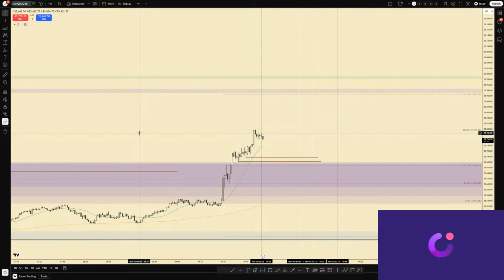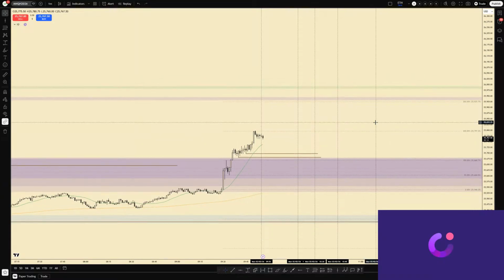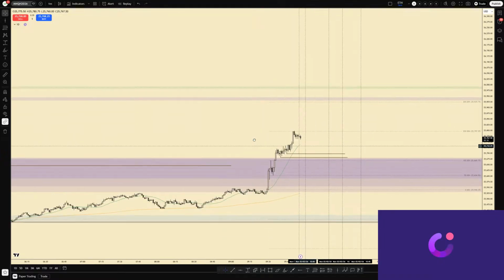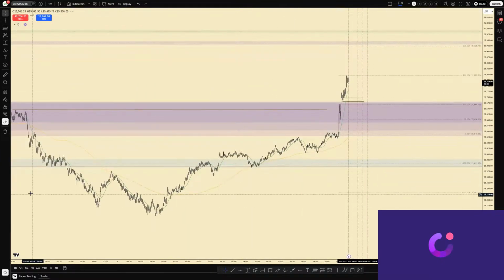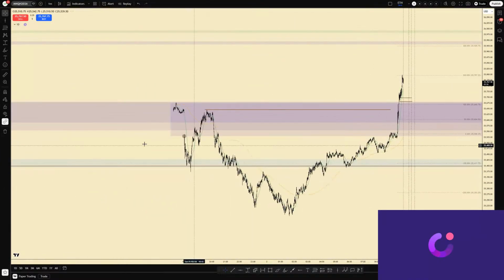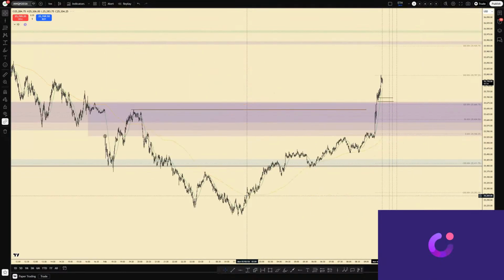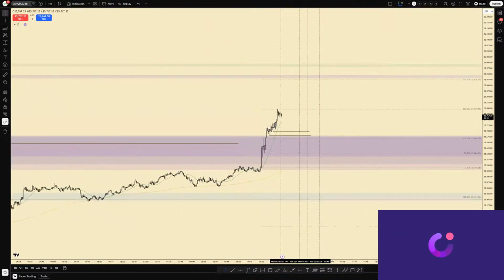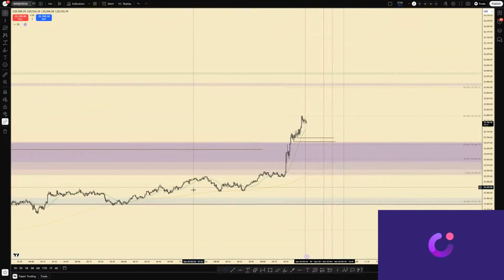But just because it looks bullish right now, just because it took some reaction from the bullish levels, doesn't mean that it has to keep going higher.